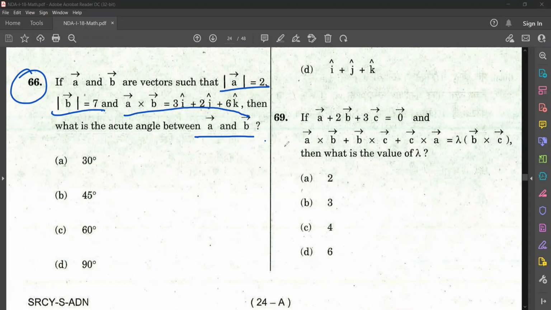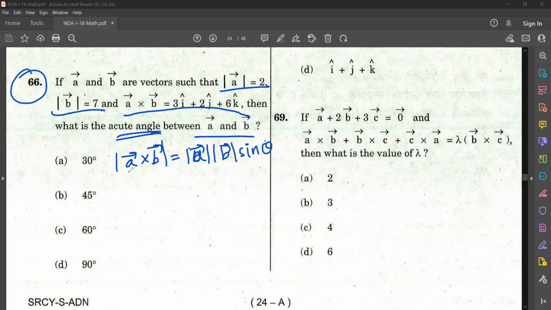Do it yourself, all of you. Very easy question, isn't it? A cross B is given. What is the magnitude of A cross B? Remember the formula: magnitude of A into magnitude of B into sine theta. You have to find this theta, the acute angle.